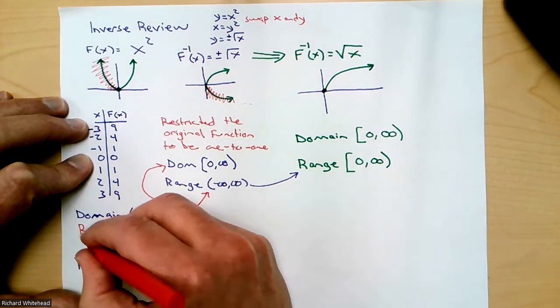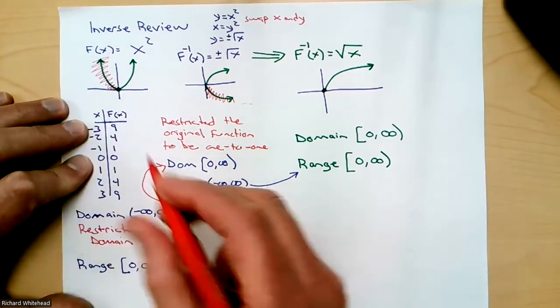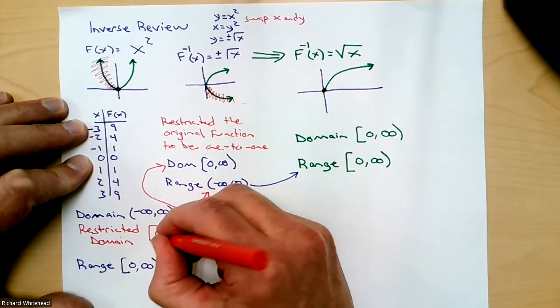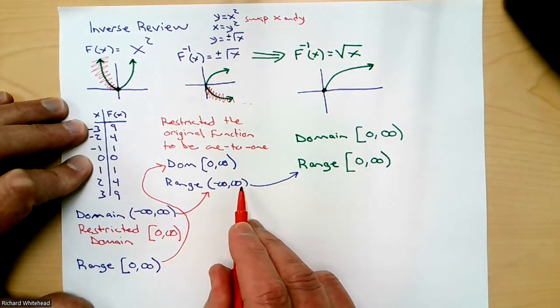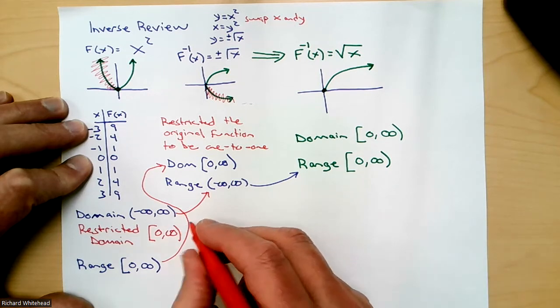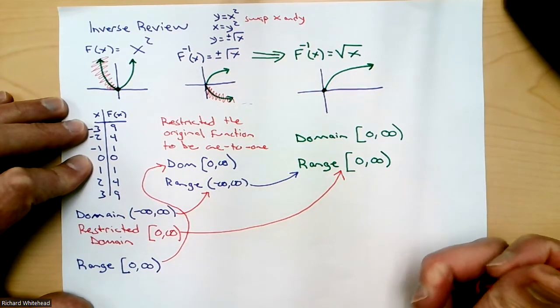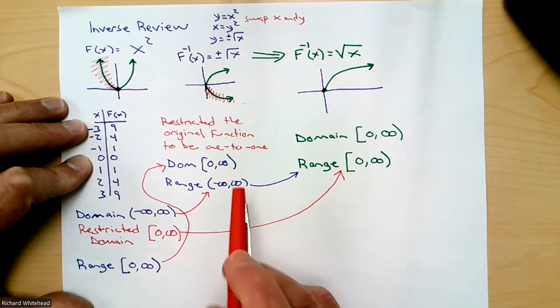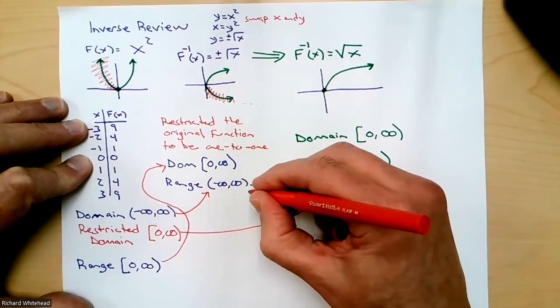So we called this the restricted domain. So when I erased the left side, my restricted domain became 0 to infinity. I just did that the wrong way. The restricted domain right there becomes my new range. See, that was my original range, but we had to restrict it.